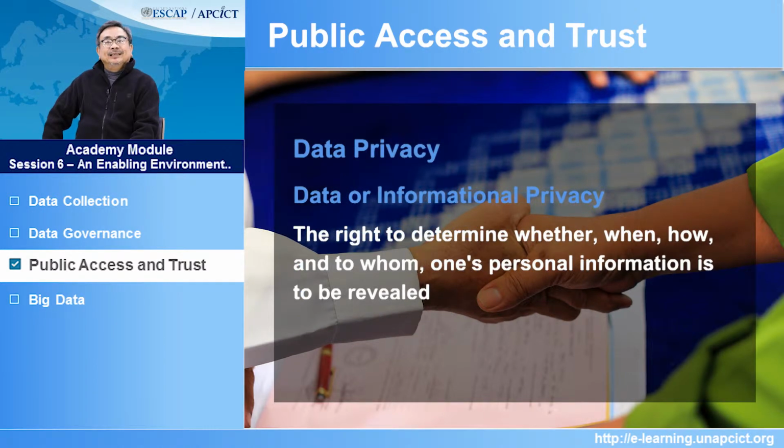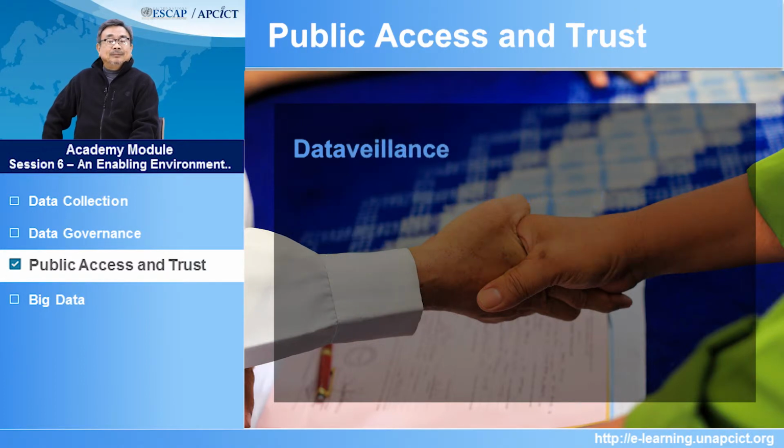The second area in improving access and trust relates to data privacy. Data, or informational privacy, means the individual's right to determine whether, when, how, and to whom his or her personal information is to be revealed. Data privacy takes on an important role in the age of the data revolution and in a world awash with data, because now data is being used to surveil us.